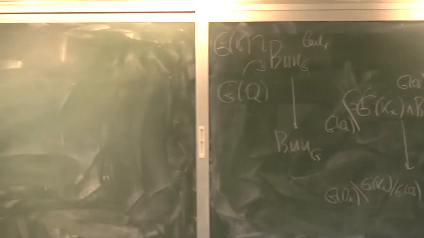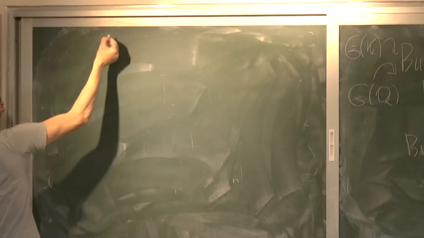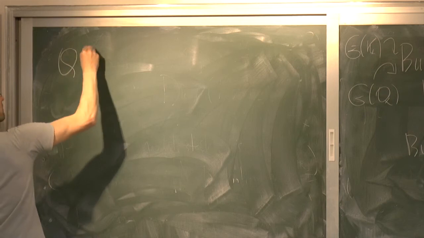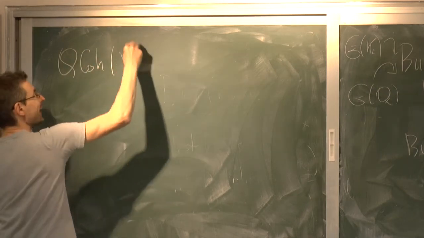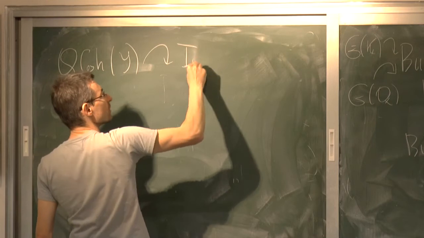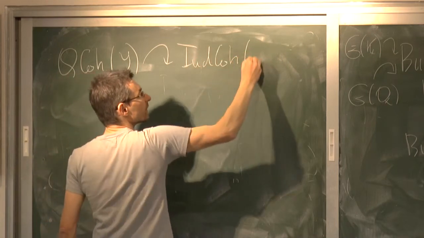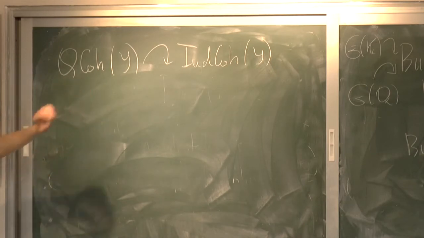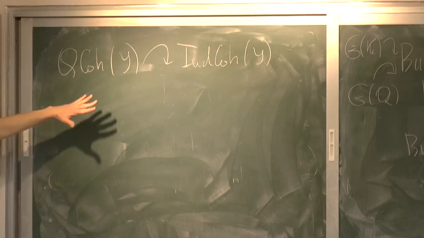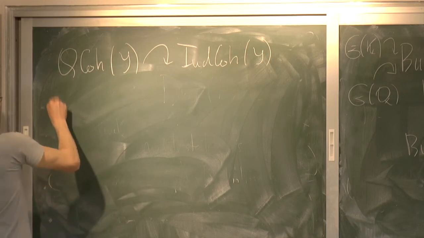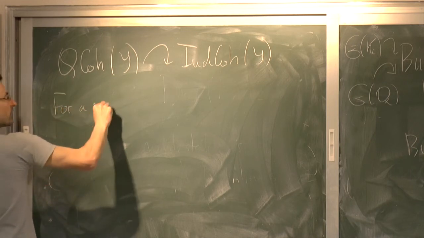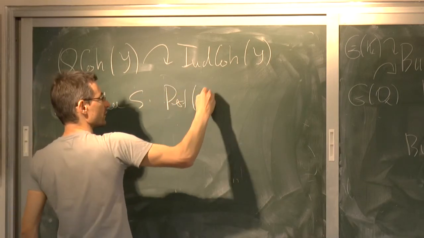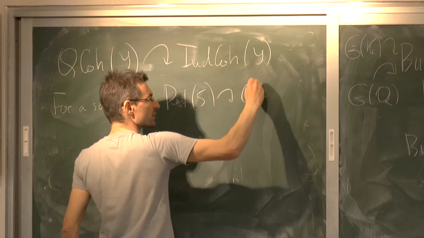To explain it, we note the following: if you have any pre-stack Y, you have QCoh of Y acting on IndCoh of Y. The first thing you have to do is for schemes. Again, I think I mentioned it already: for a scheme S, you have perfect complexes acting on coherent complexes.